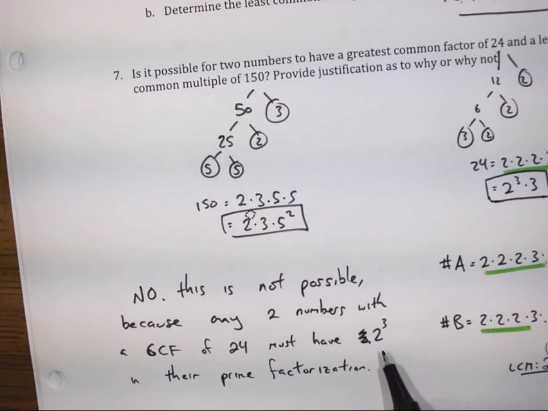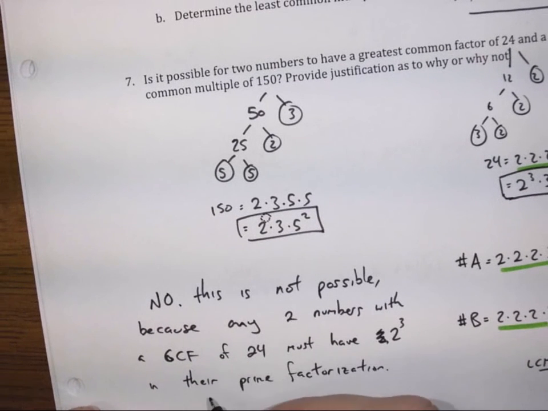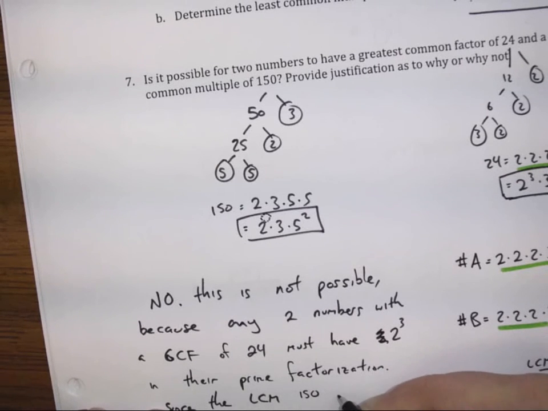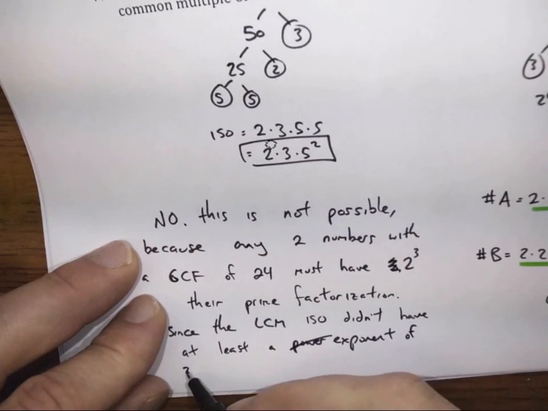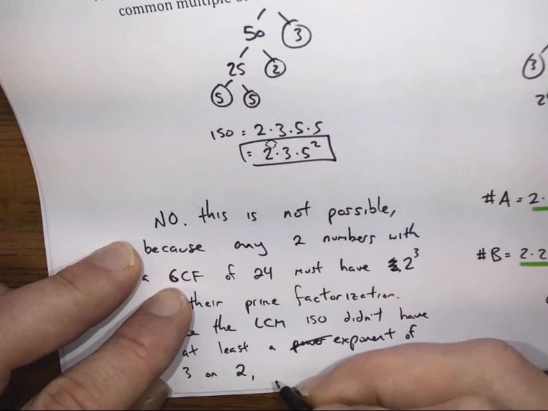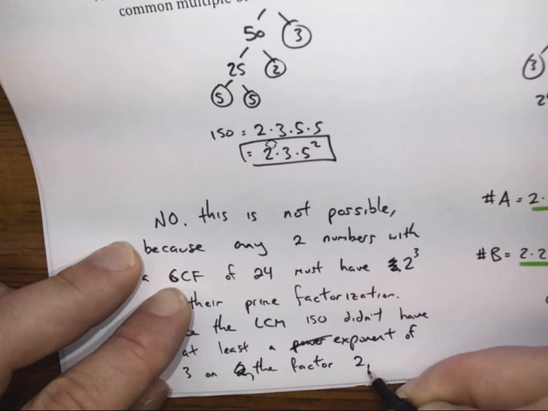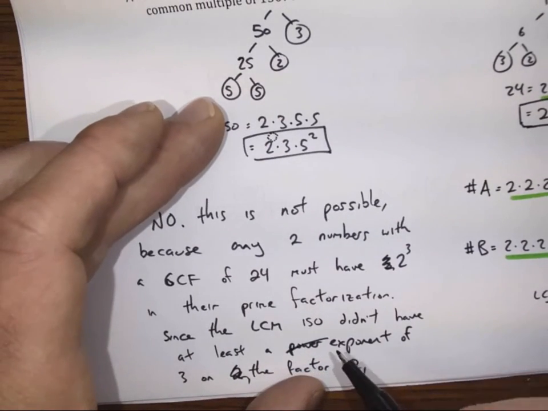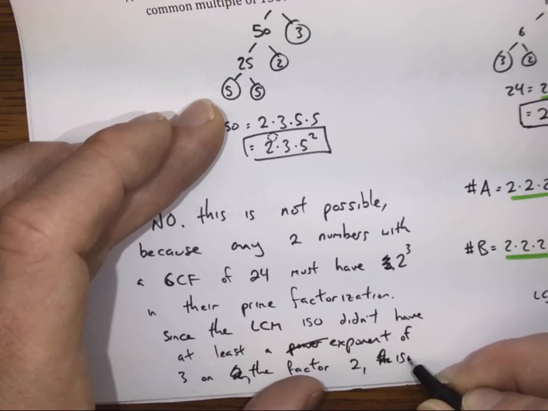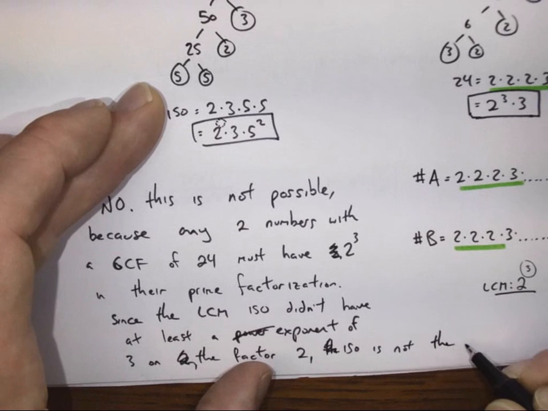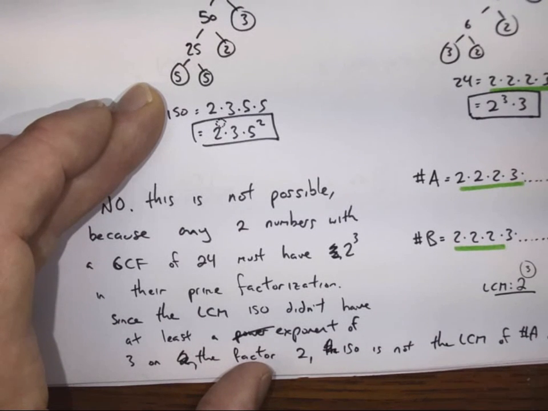Now, if it's true that they had 2 cubed in the prime factorization, then since 150 didn't have at least an exponent of 3 on the factor 2, 150 is not the LCM of number A and number B.